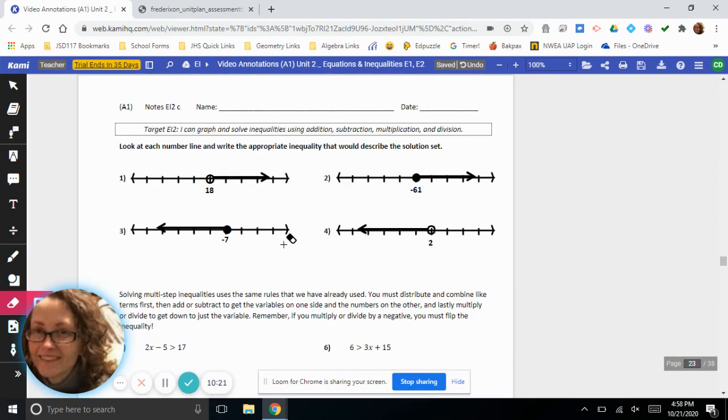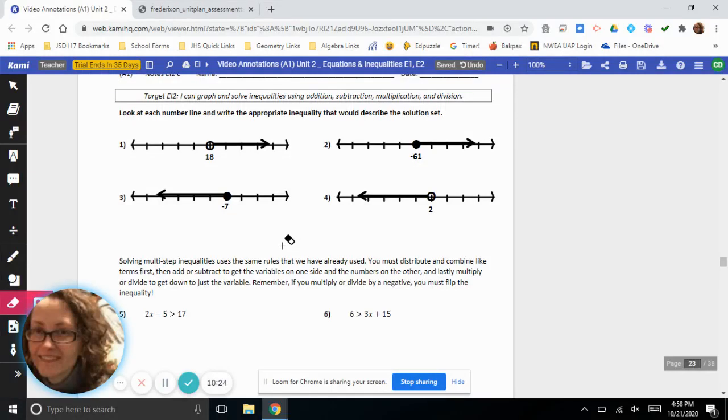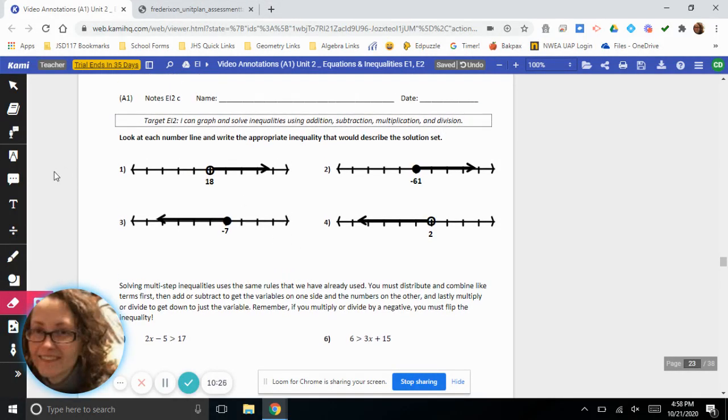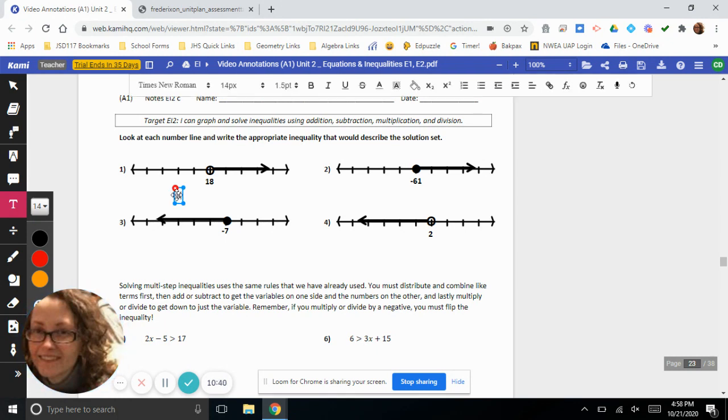So then the next thing that we're going to take a look at is compound inequalities. Let's go ahead and review what some of these number lines looked like when we just had individual inequalities. So here, number one, this would represent x is greater than 18. I don't want to have a greater than or equal to because I have an open circle.